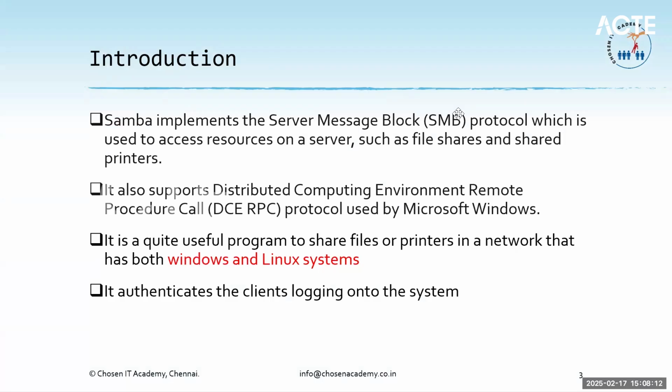SAMBA implements the Server Message Block protocol, which is used to access resources on a server. The resources could be files or printers. Files are what I mentioned as disk space, or we can also have a printer shared with all the clients within the network.